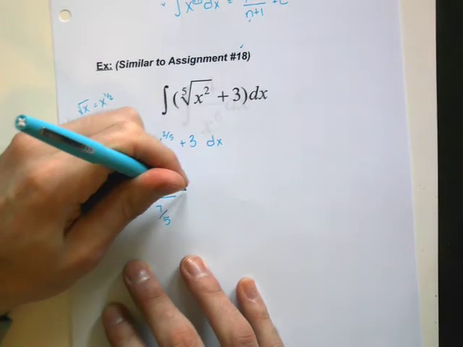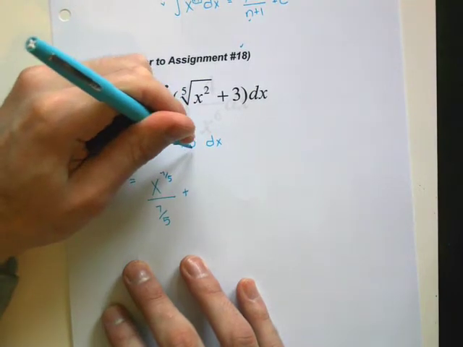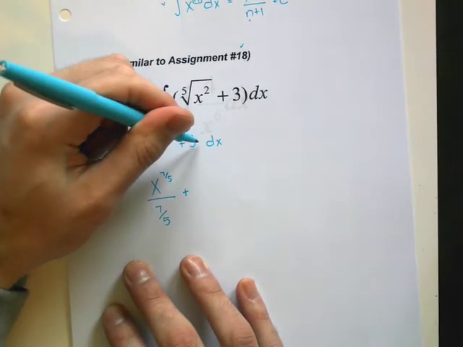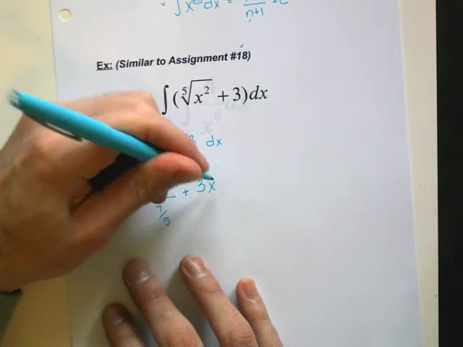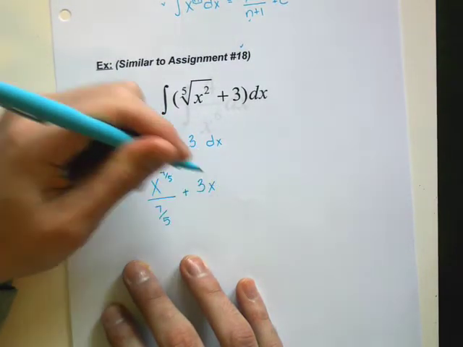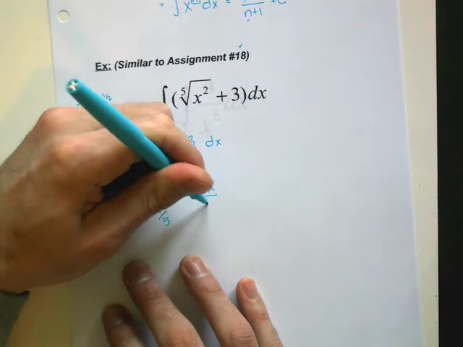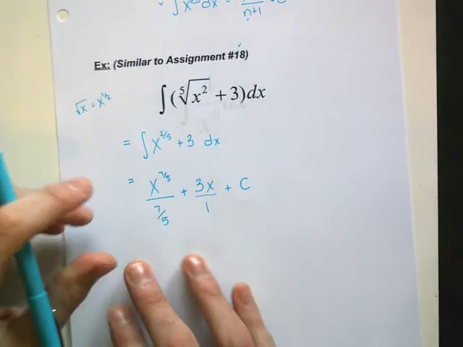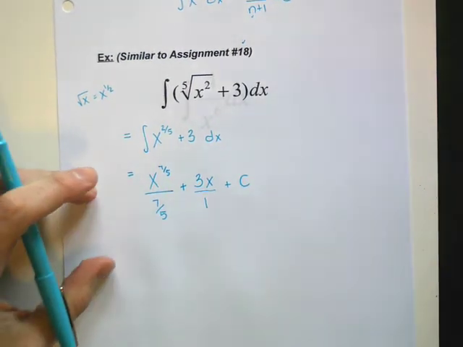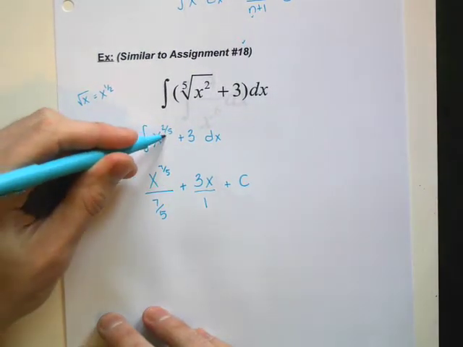Plus, now I have a 3, so there was no x here. But now I'm going to have to add an x. So this is 3x to the 0 plus 1 is just 1, over 1. Plus a constant.